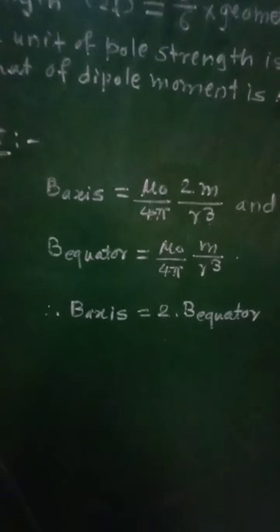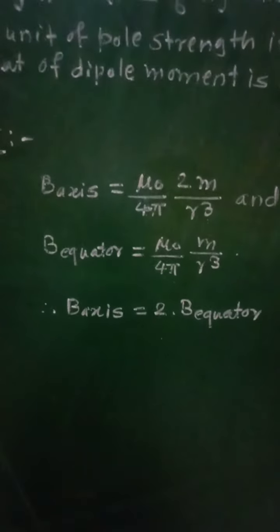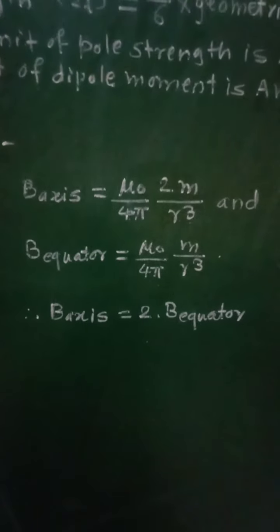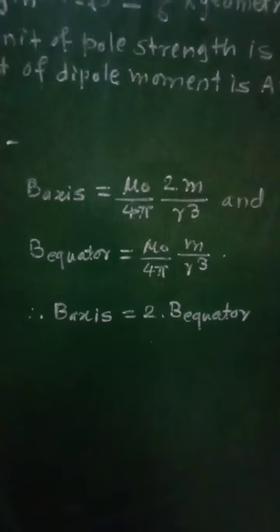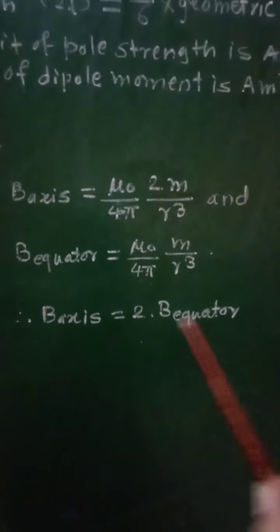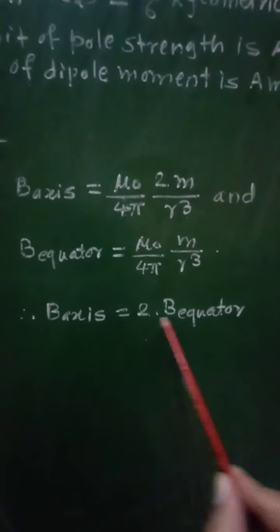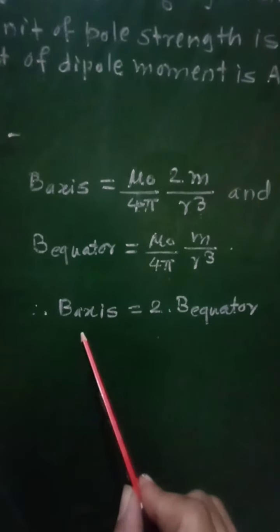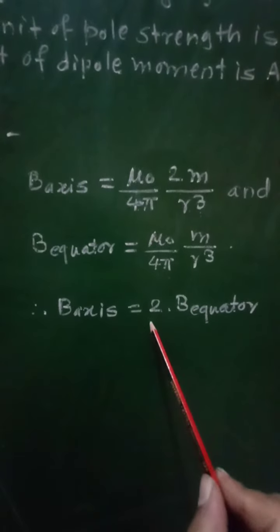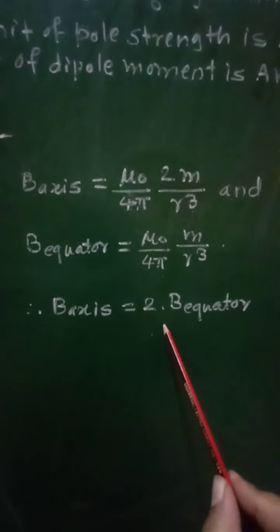Therefore we can say that if we consider two points along the axis and the equator at the same distance r, then B axis is 2 times B equator, that is, for the same distance the axial magnetic field is twice the equatorial magnetic field.